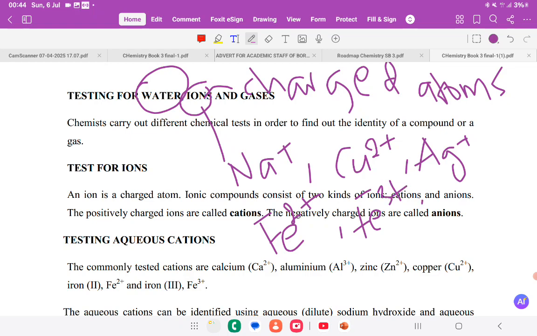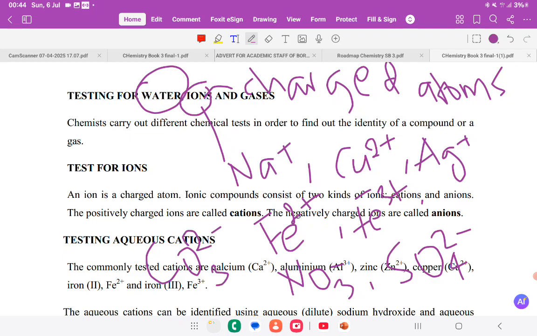All these are called ions, and in particular they are called cations. Or negative ions such as nitrate ions, sulfate ions, carbonate ions, and many other ions.